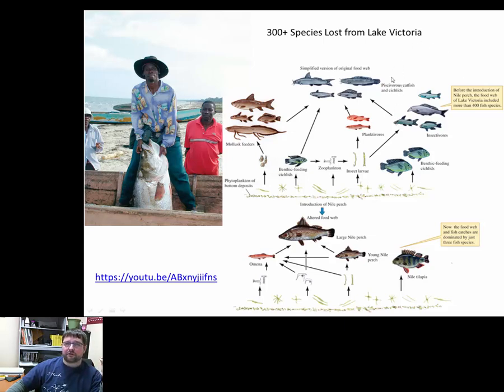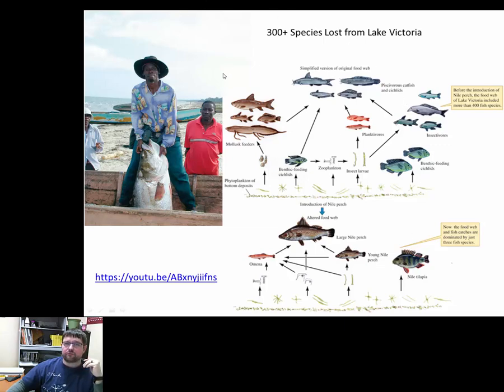Lake Victoria is a very large lake in Africa, and through that introduction, along with the help of environmental change and things like that, we've seen a reduction of about 300 species of fish.